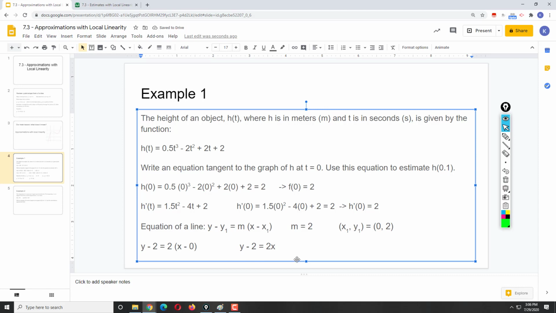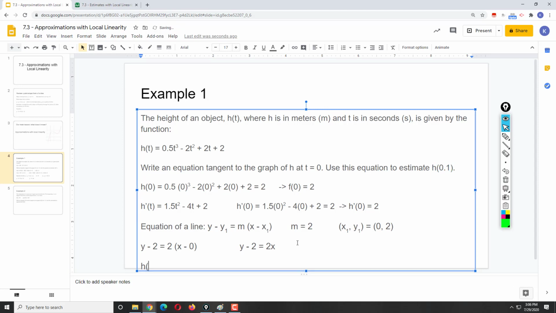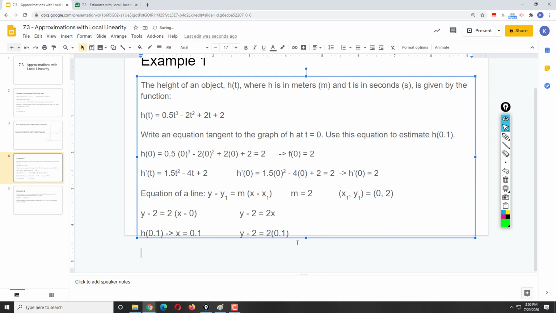Okay. Now that we have our equation, we can estimate h of 0.1. Because h of 0.1 means that we're estimating x to be 0.1. Plug this into the equation, and we get y minus 2 equals 2 times 0.1. This means that y minus 2 is equal to 0.2.